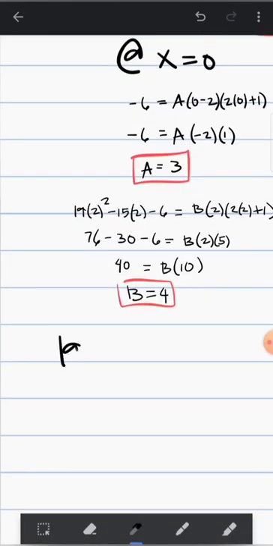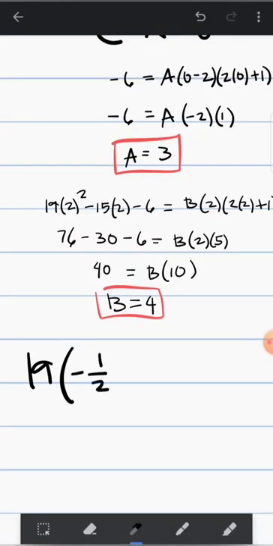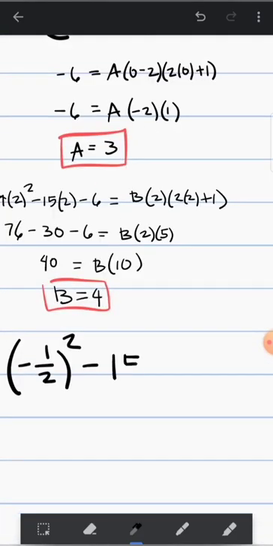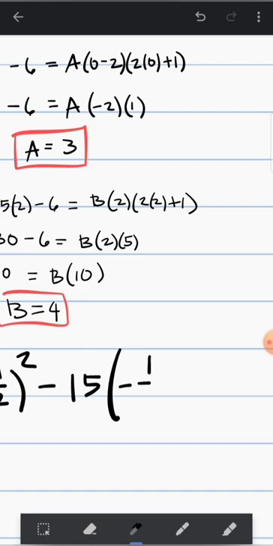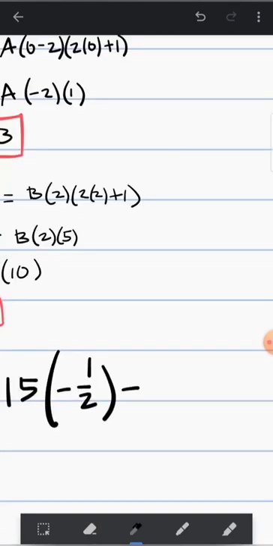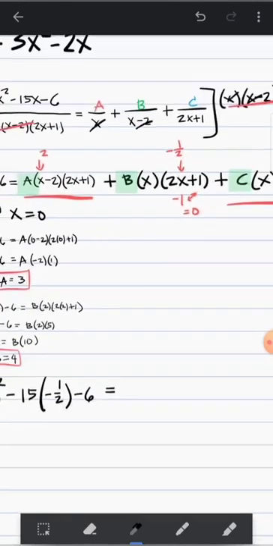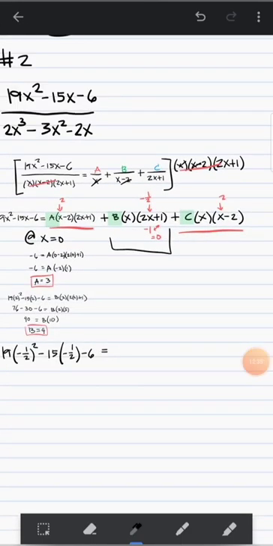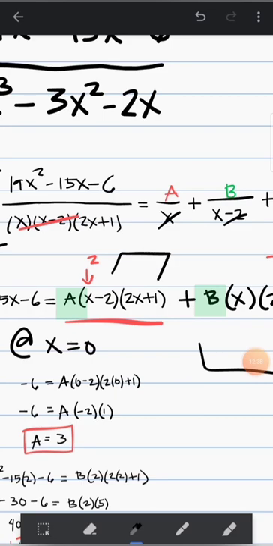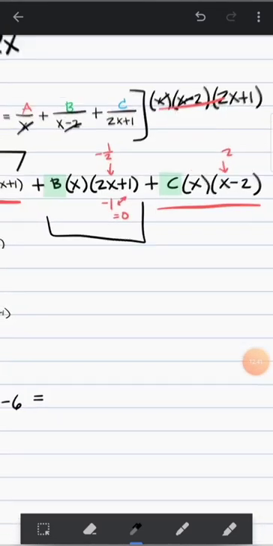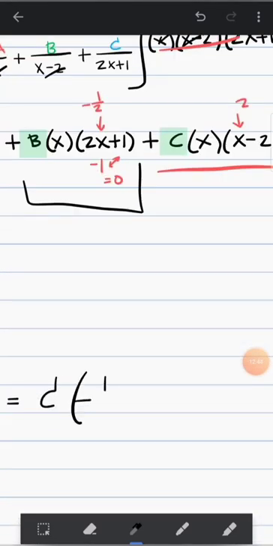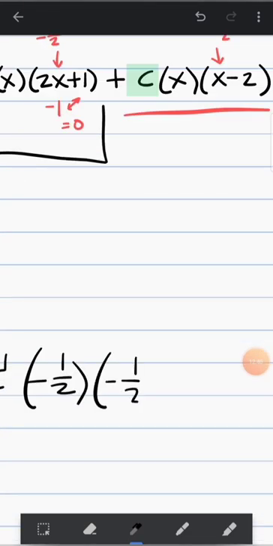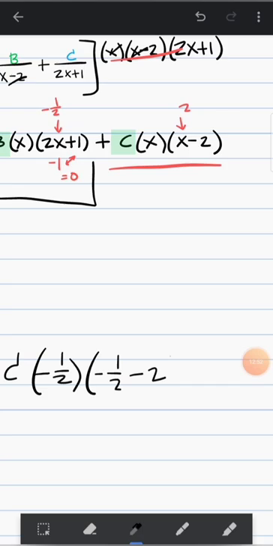So this will become 19 times negative 1/2 squared minus 15 times negative 1/2 minus 6. And that would be equal to, this term will get cancelled. This term will get cancelled. And so now we can solve for c, which is just negative 1/2 times negative 1/2 minus 2.